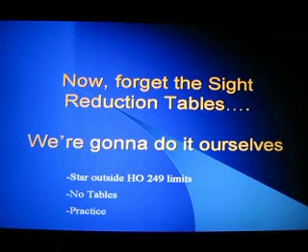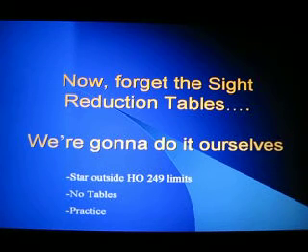It only goes up or down to a declination of 29 degrees. Well, there's a lot of stars that are outside that limit. Stars like Vega, the stars in the Big Dipper, Capella. They're all north of 29 degrees declination. So you cannot use the sight reduction tables to solve for those stars.